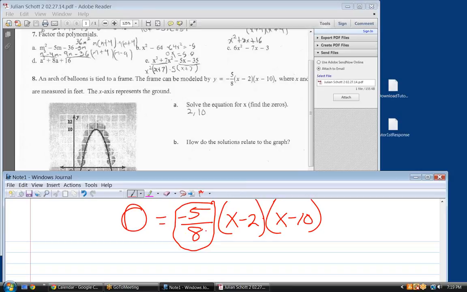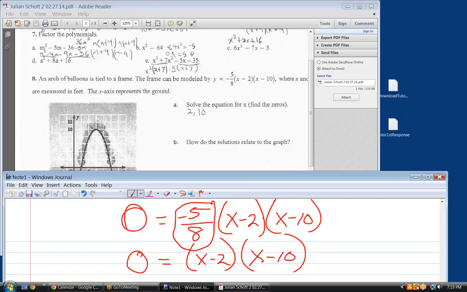It doesn't really matter because I'm going to multiply the left side by that same number and it always stays 0. I don't care what I have to do to get rid of that 5/8, it's not going to change anything.